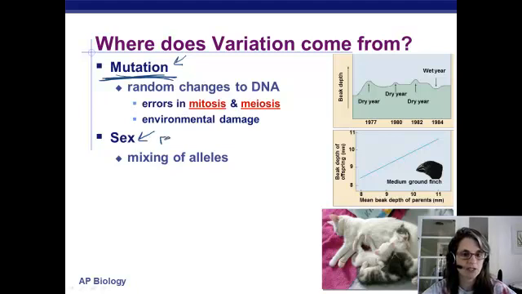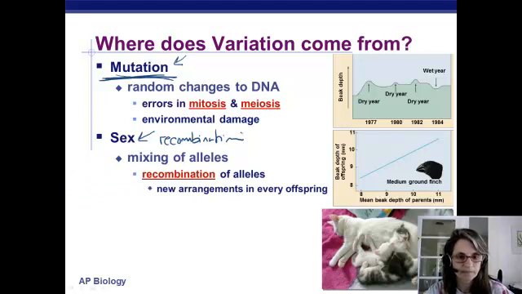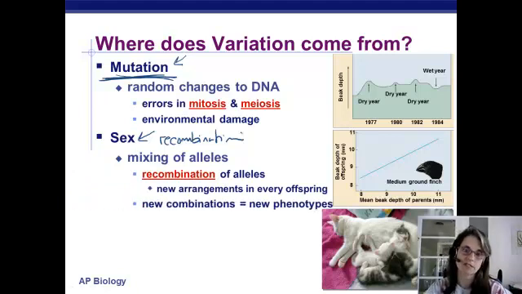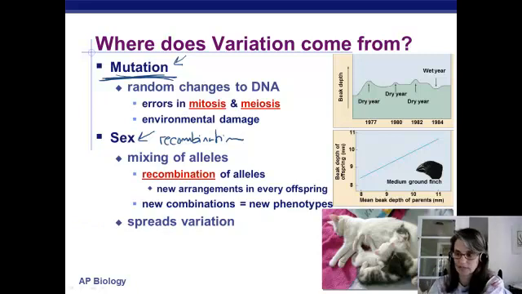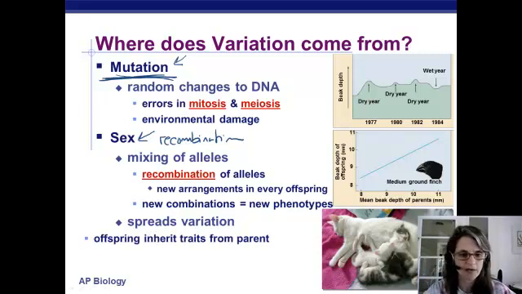Sexual recombination, and you need to know this word, recombination. That is like shuffling the alleles, shuffling the genes into new combinations. So we get new arrangements in our offspring when we sexually reproduce, and that means new phenotypes very often. When we mix those alleles, we get different results, as anyone who has siblings can know.